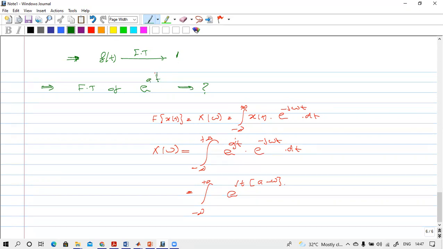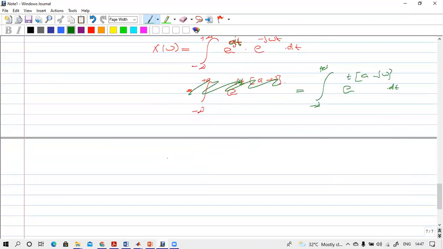If you consider the Fourier transform of e to the power at here, you get the integral from minus infinity to plus infinity of e, where t can be taken out, and then you remain with minus j omega dt. So we can easily integrate this, no?